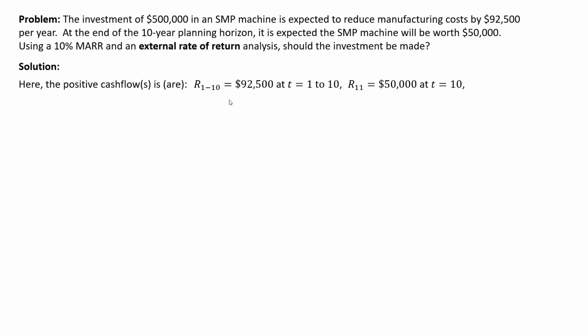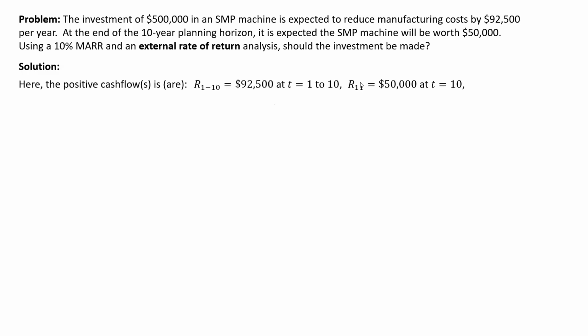So there are a whole bunch of positive values, positive returns, occurring from 1 through 10, all of them equal to $92,500. But in addition to that, there's an 11th one. I'm not so sure about calling this, only to avoid this one, I guess.